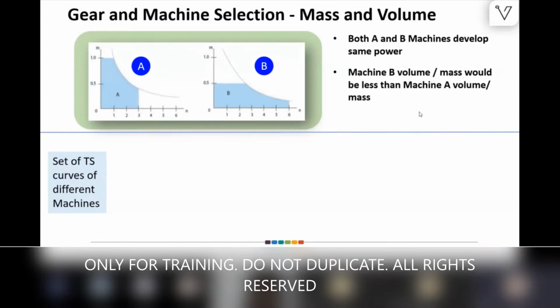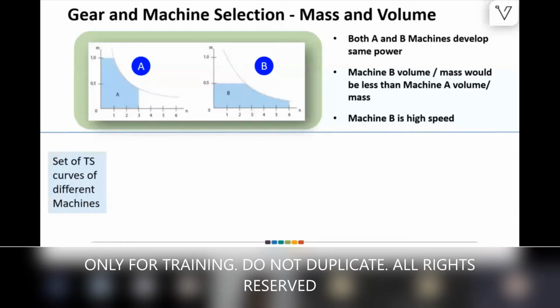High speed machines especially are the trend, because the volume of that machine is less and the mass is less, and if the mass and the active material are less, then definitely it will impact the cost as well. So it is a trade-off between gearing and machine.